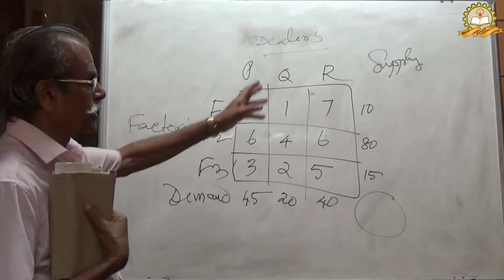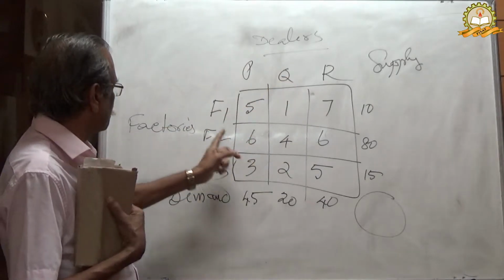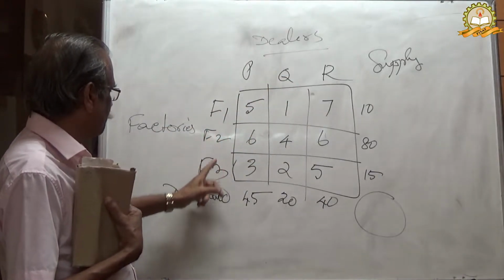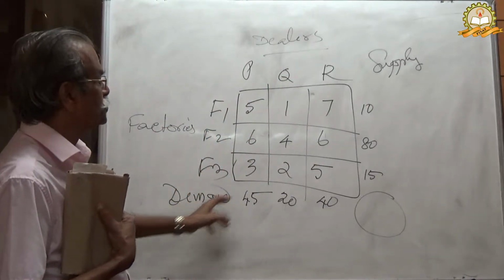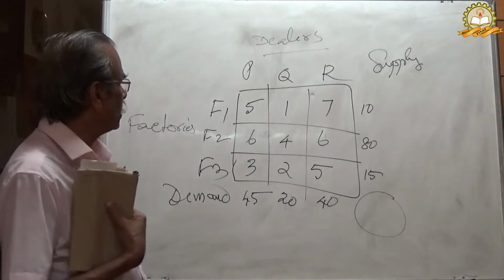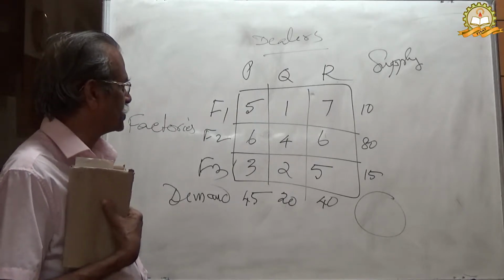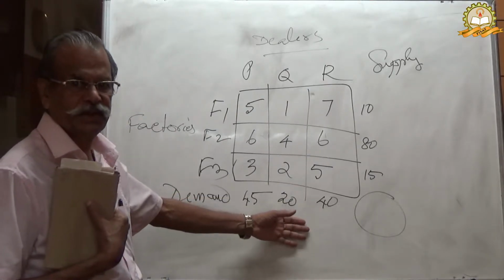You can just note down dealers P, Q, R, factories F1, F2, F3, the demand position and supply position given, and the cell values 5, 1, 7, 6, 4, 6, etc., as given here.